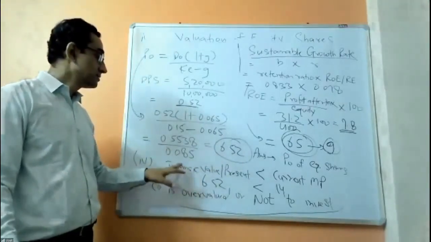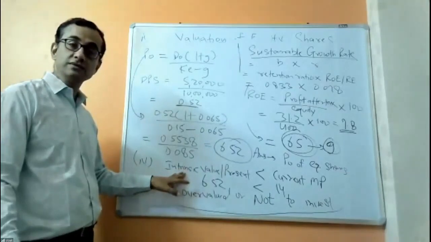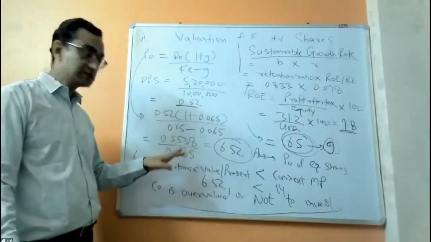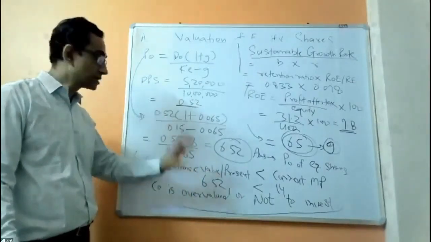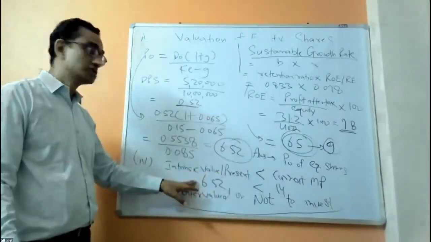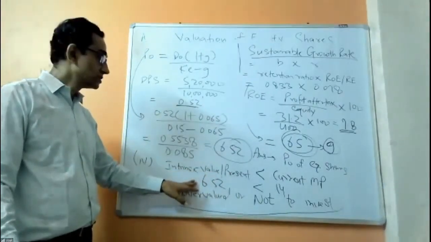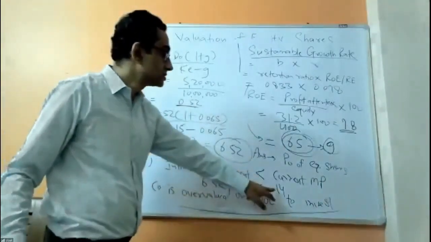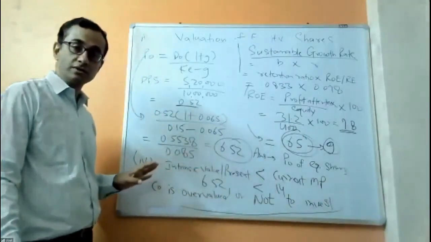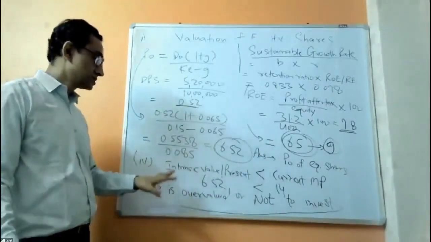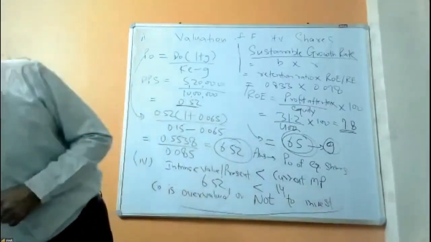This is the maximum price which the investor is actually willing to spend, because the current market price is assumed to be ultimately reflected in this intrinsic value. Presently the value is 14, so it is overvalued. If you are holding it, it is better to sell it or not to invest. This is the basic concept in this case.